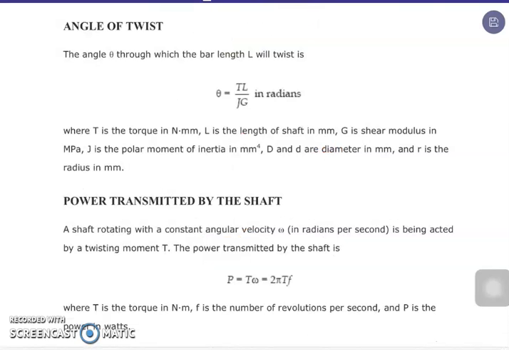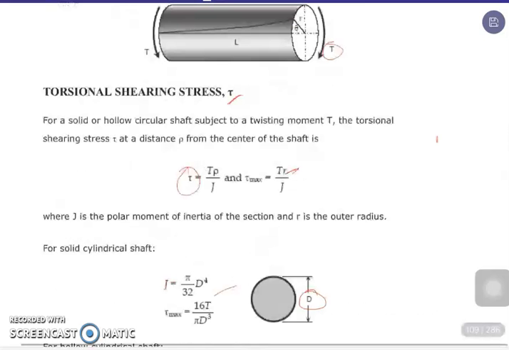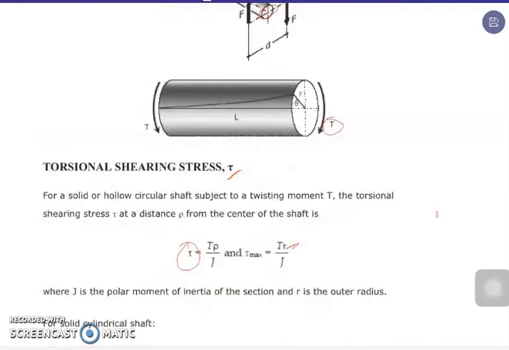For the angle of twist, this is the angle through which the bar length L is twisted. So based on our illustration, the angle of twist is this one, denoted by theta.